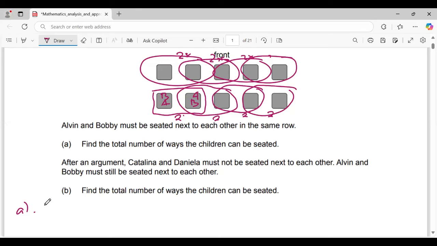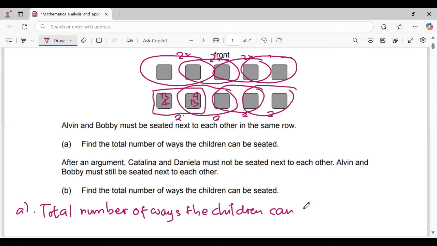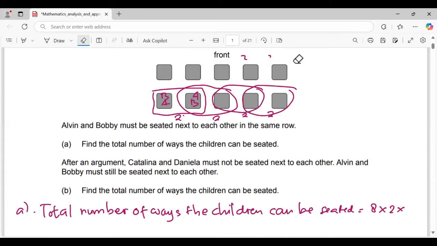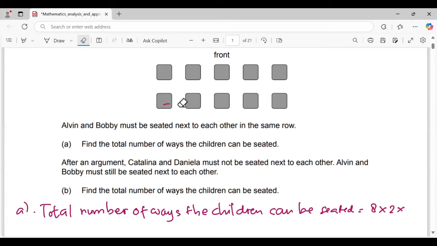So the total number of ways the children can be seated equals 8 times 2 times, wait, if Alvin and Bobby sit here, the remaining desks are 8.